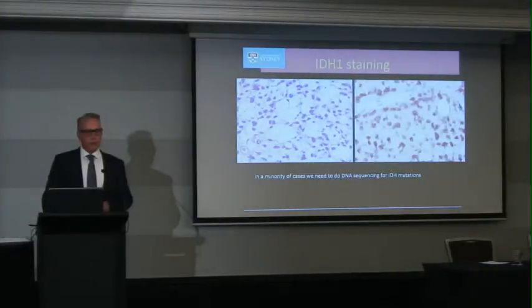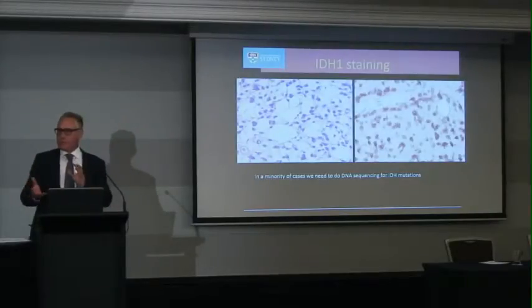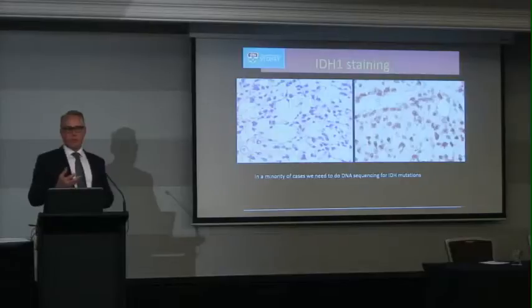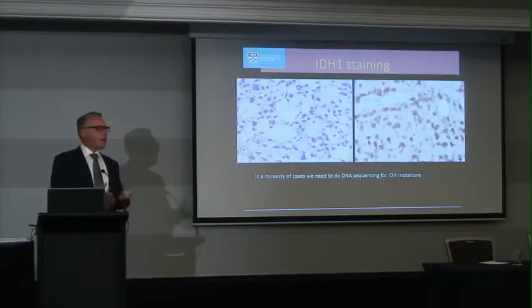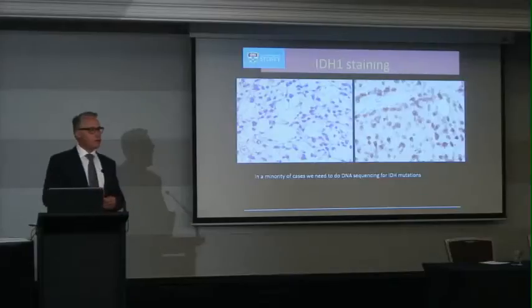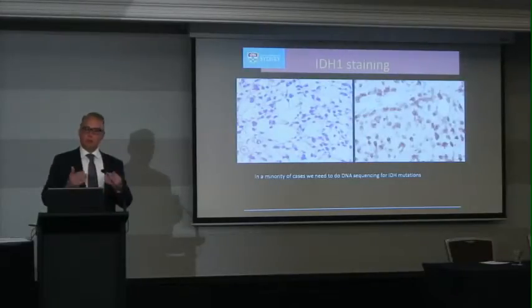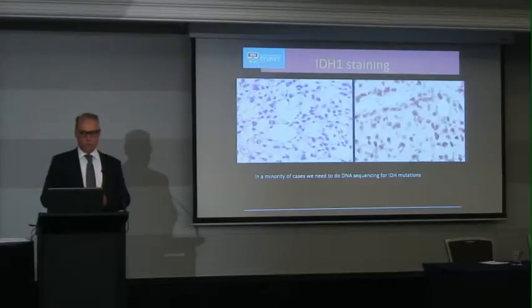And we're very lucky in that these mutations, they don't stop the protein being produced from the gene, but it results in the production of an abnormal protein. And then we can stain for that abnormal protein on our microscope slides, which is why it's easily incorporated into a standard pathology workflow. We're used to putting stains onto microscope slides, and this is just another one we can do.